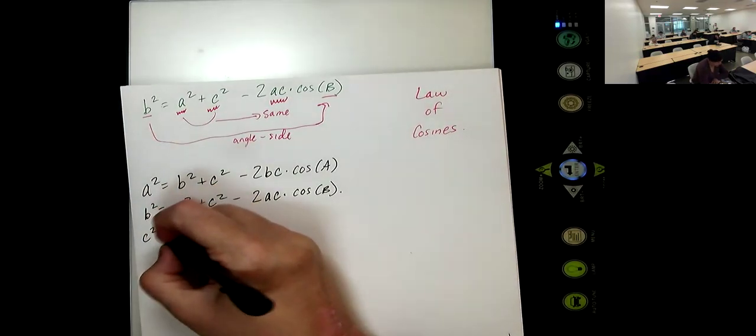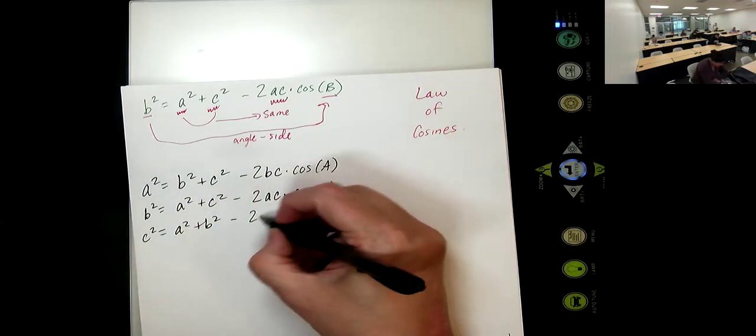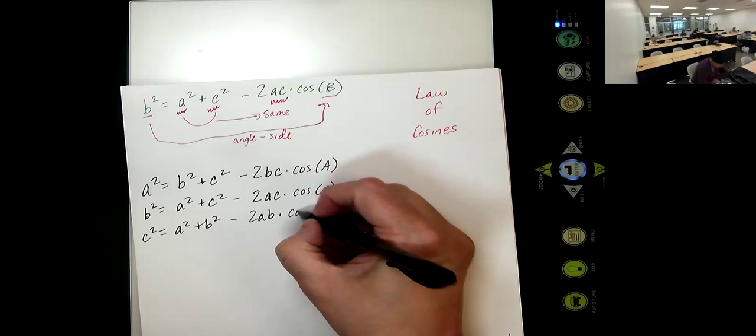And the final form is c squared equals a squared plus b squared minus 2ab cosine of c.